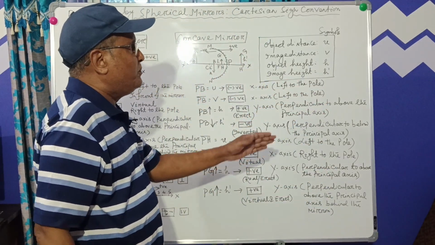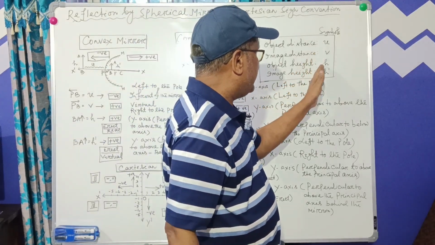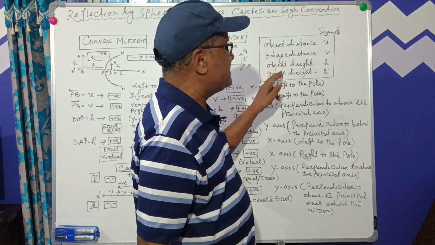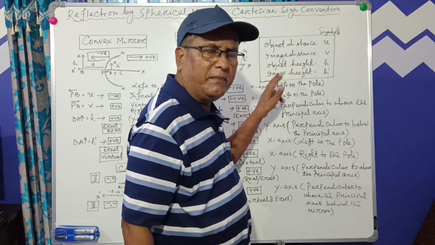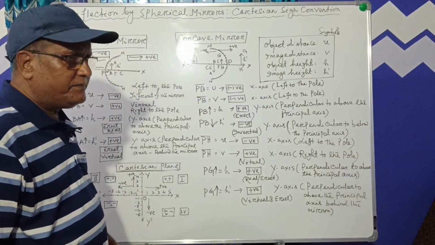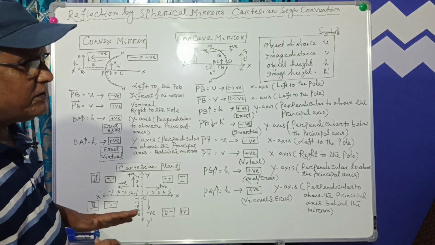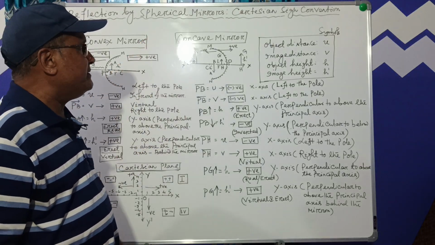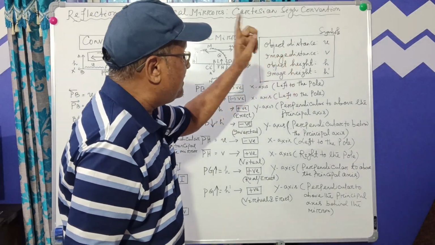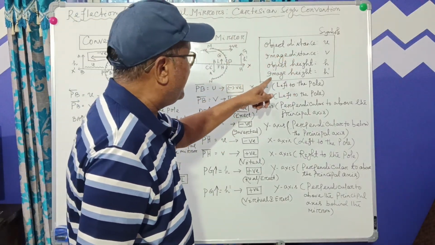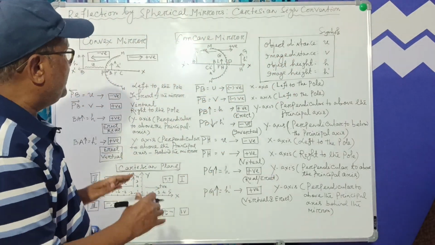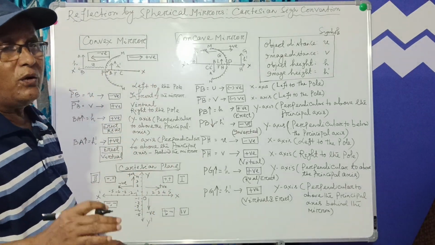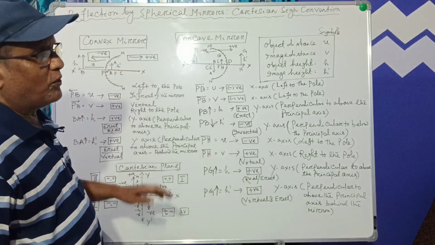Please remember all these symbols. Now let us learn the rules for measuring object distance, image distance, object height, and image height. The horizontal distance is always measured from the pole.